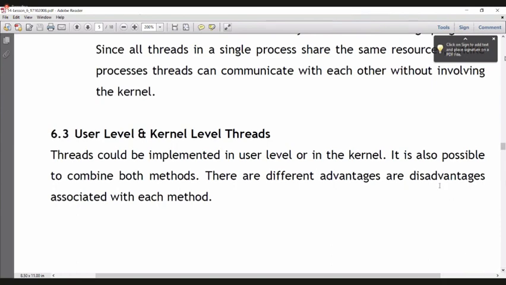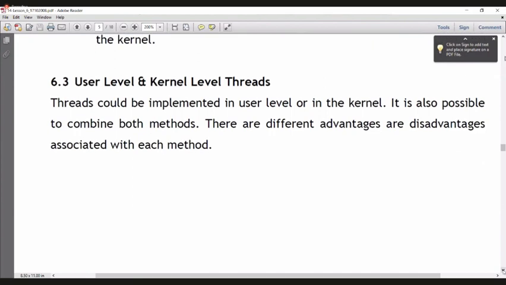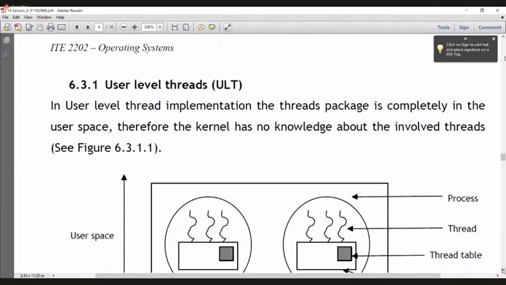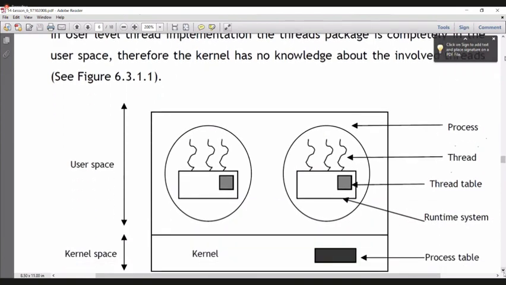Kernel side is the system files, system functions, and so on. It is also possible to combine both methods. There are different advantages and disadvantages associated with each method. So if you see a diagram, it may be easier to understand.